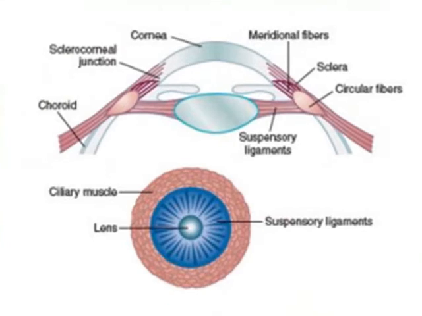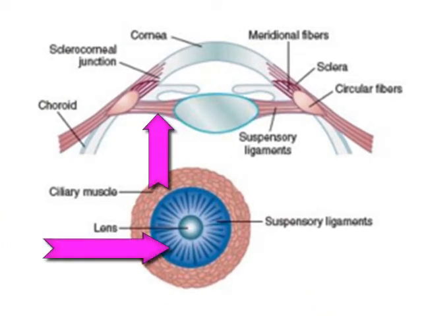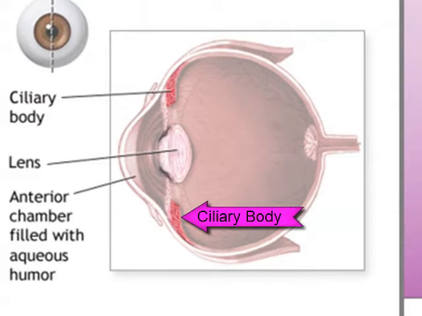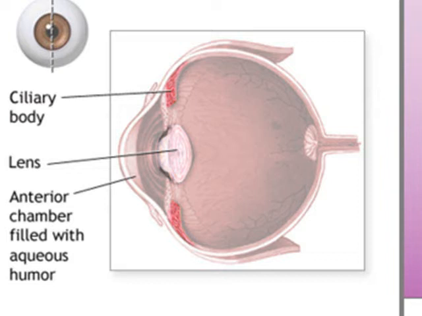Muscles connected to the lens by suspensory ligaments adjust the shape of the lens to make it more or less curved, so as to increase or decrease the refraction of light. The ciliary body helps the eye with the process of accommodation, or the ability of the eye to change focus from near to distant objects, and vice versa. It also produces aqueous humor and holds the lens in place.